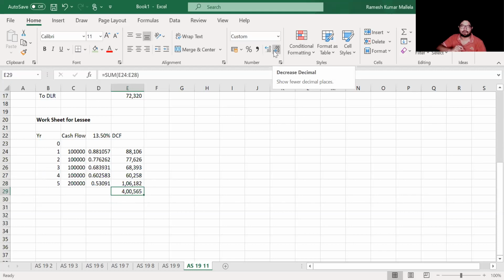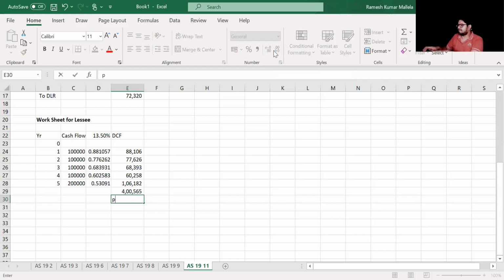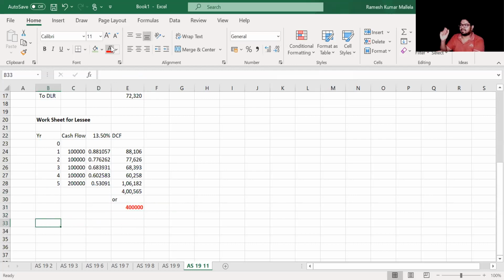That's what we have discussed in the morning also. Okay. So 4,565,000 or 4 lakhs, whichever is lower. It is going to be 4 lakhs, which I will consider. Clear? So let us consider 4 lakhs and go ahead with our repayment schedule.